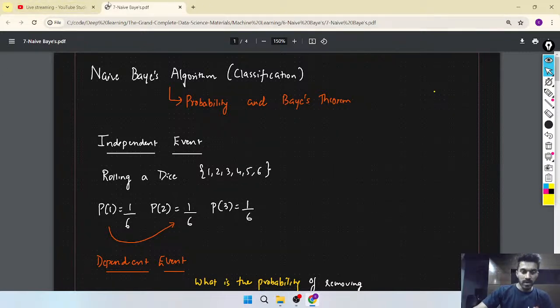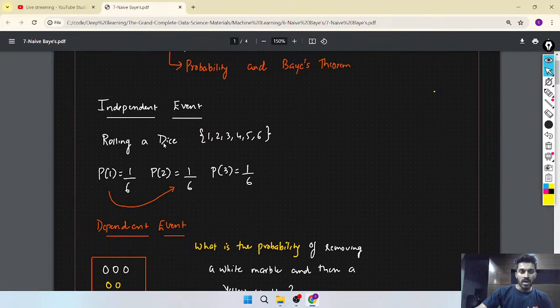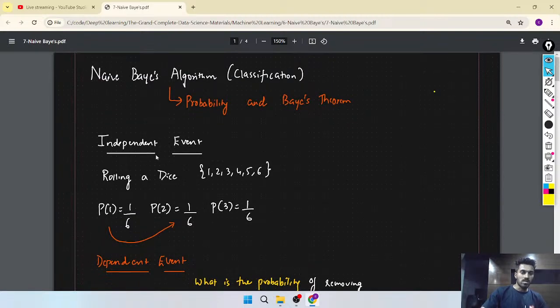So independent events are there. Suppose you have rolled a dice. This model assumes that your independent variables are independent events, with no correlation between any of the features.